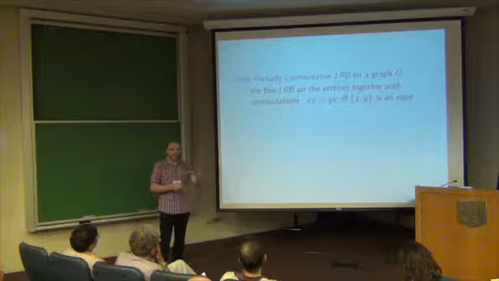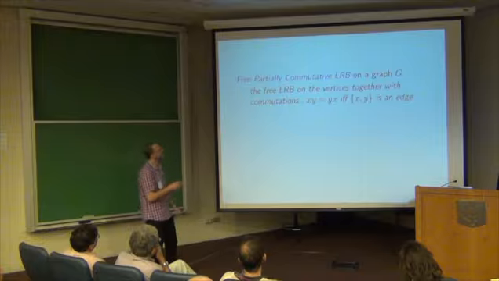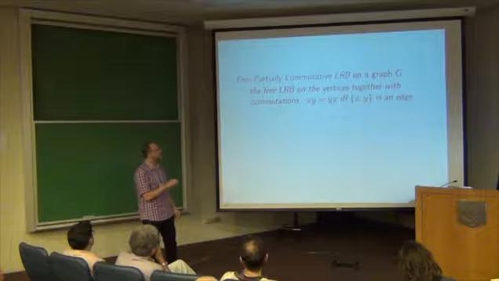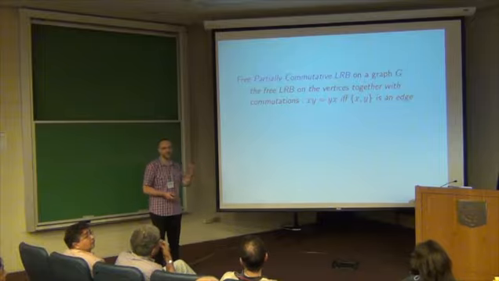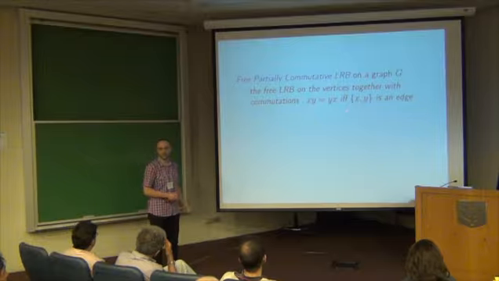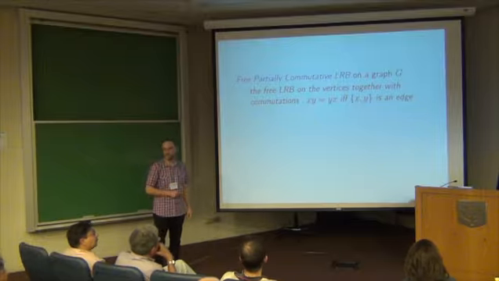Now we could tweak this a bit. We'll start with a graph, and we'll look at the free left regular band on the vertices, together with certain commutations. We'll say some of the generators are allowed to commute. Two generators commute if and only if there's an edge in the graph that connects them.